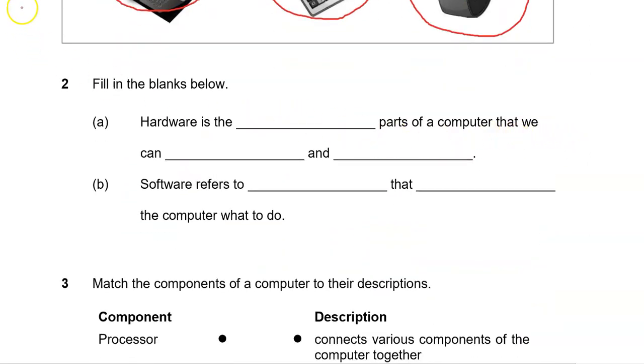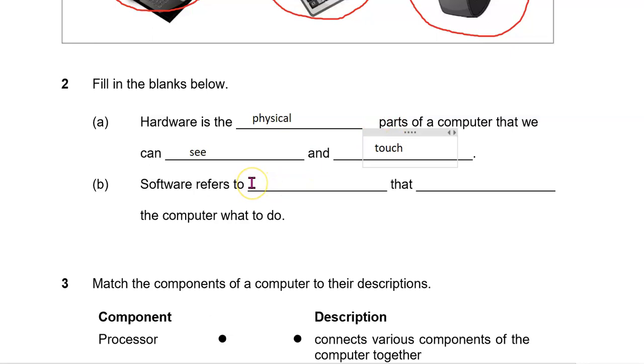Okay, so question number 2. Fill in the blanks. Hardware is the physical parts of a computer that we can see or touch. Okay, so hardware is the physical parts of a computer that we can see and touch.